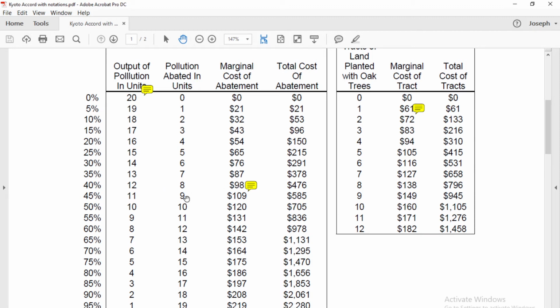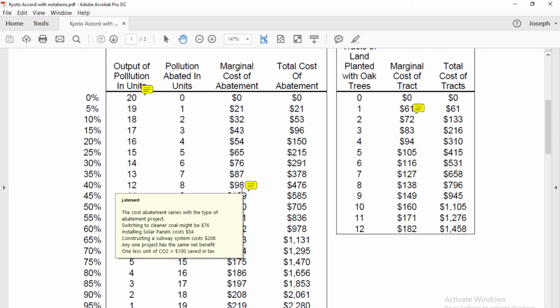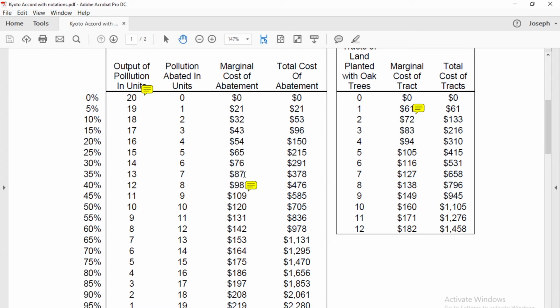They could do 8 abatements, for instance. The 8th abatement would be $98, but the 7th abatement is $87. So a total cost of doing 8 abatements would be $476. But the key idea is the marginal cost of the 8th abatement. They could have spent $98 to avoid paying a $100 tax.